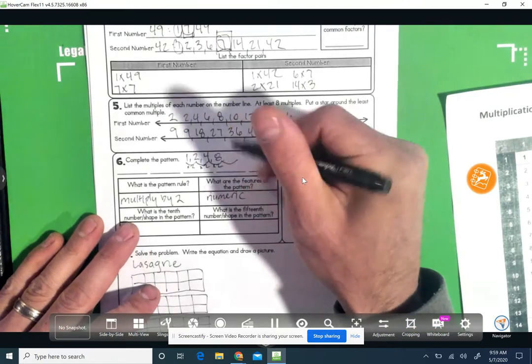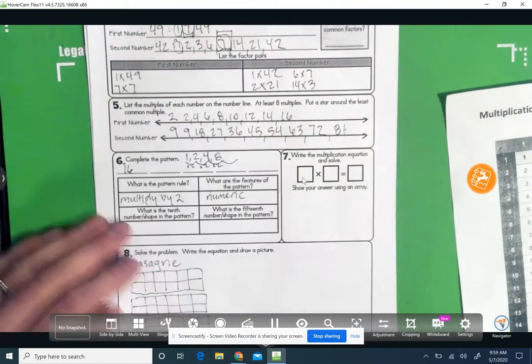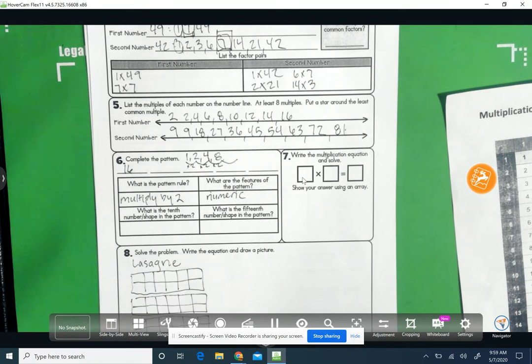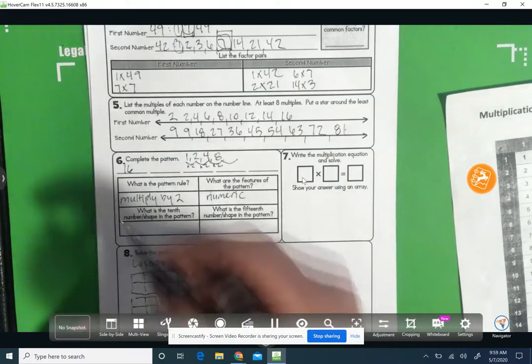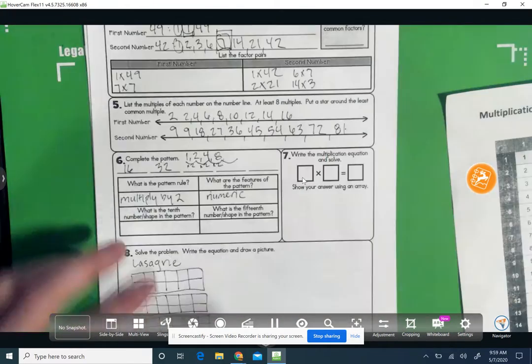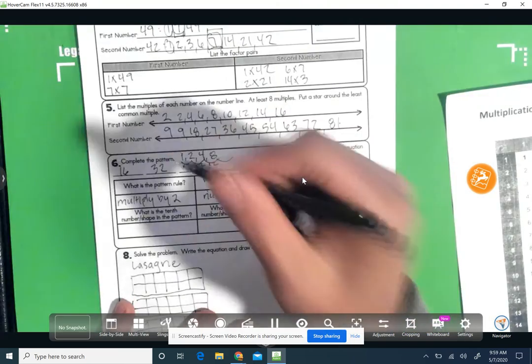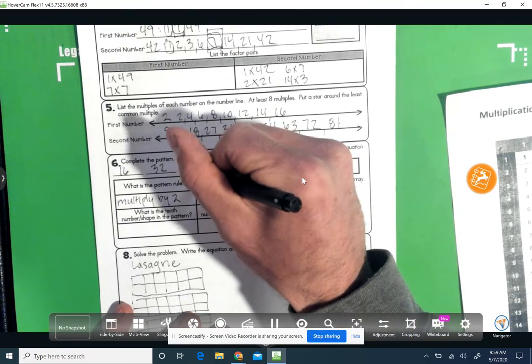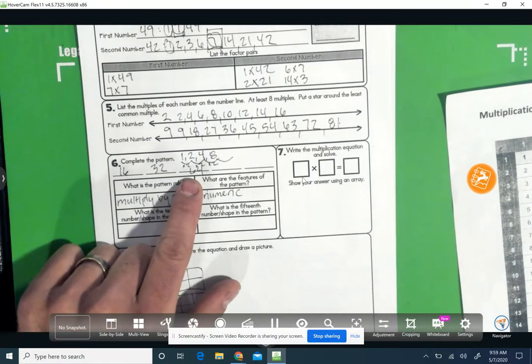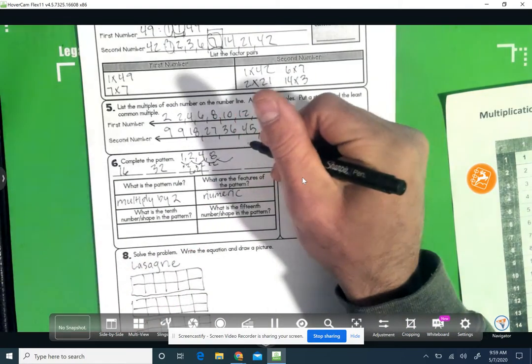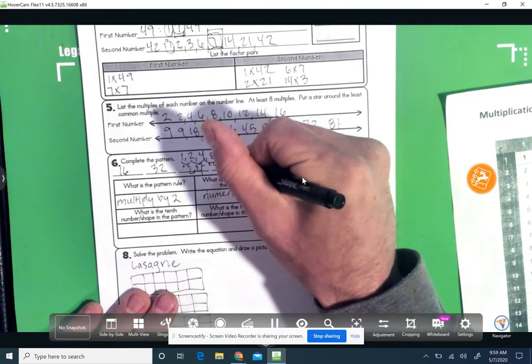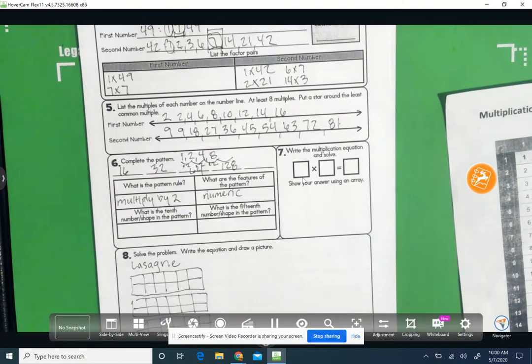So 8 times 2, our next number is going to be 16. 16 times 2, well, 10 times 2 is 20. 6 times 2 is 12. 20 plus 12 is 32. 32 times 2, we're just doubling these numbers, and so you could be adding 32 plus 32 mentally, or you could be using the multiplication algorithm, but 32 times 2 is 64. 64 times 2 could be 64 plus 64, or 64 times 2 will end up at 128.